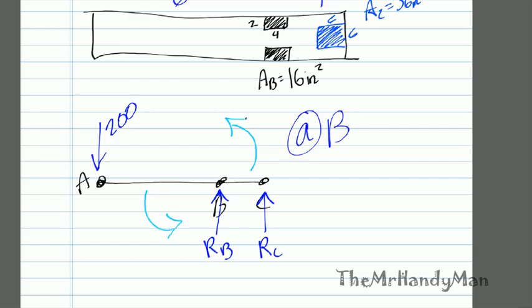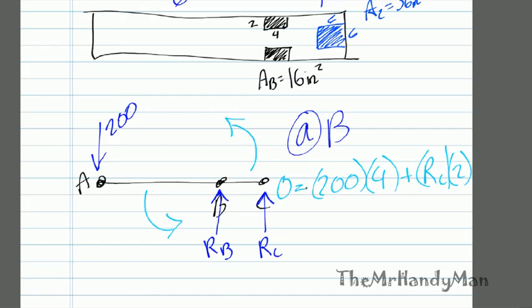To calculate it out, you have 200, 4 feet away, plus you have your RC, and that's 2 feet away. And we know that this whole thing equals 0.